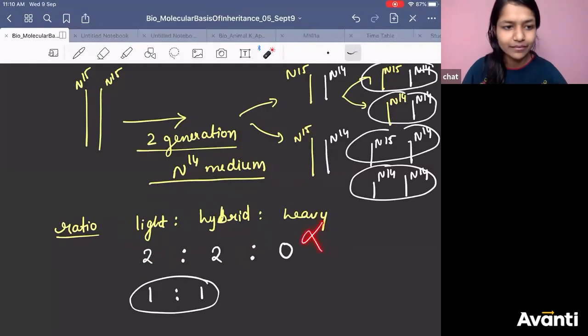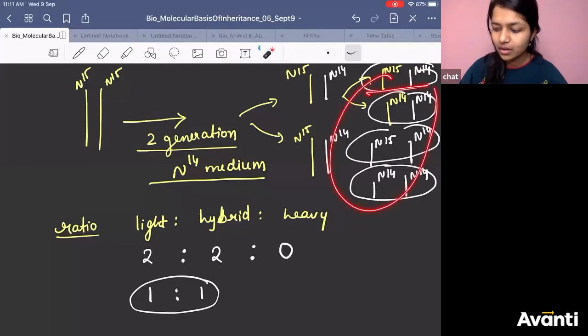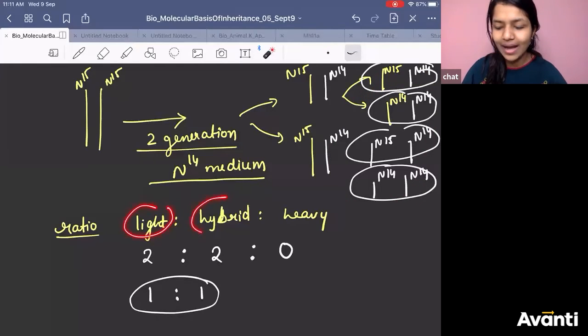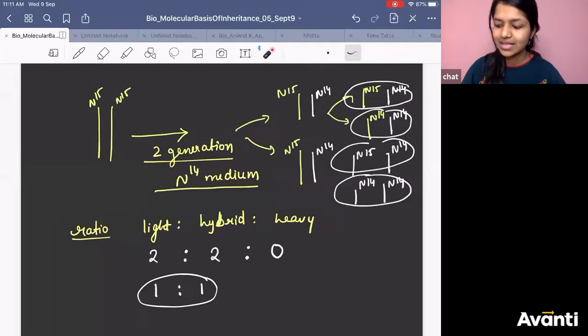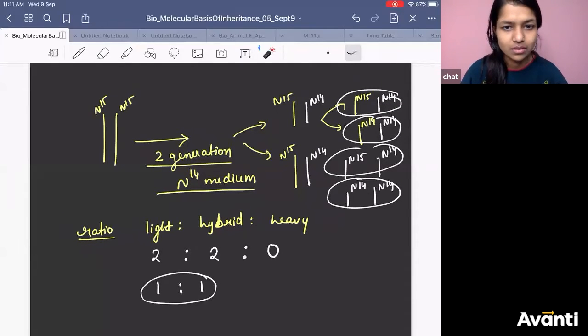There is no heavy N15, N15 in this case. This is how you have to calculate. Out of 4, you are getting 2 light and 2 hybrid, which means 50% is the result. This is how they are going to ask you the question.